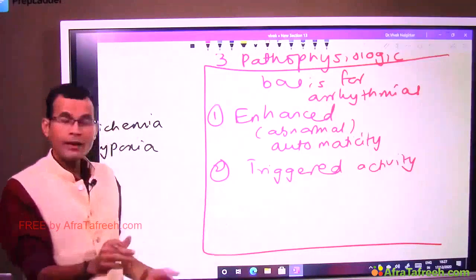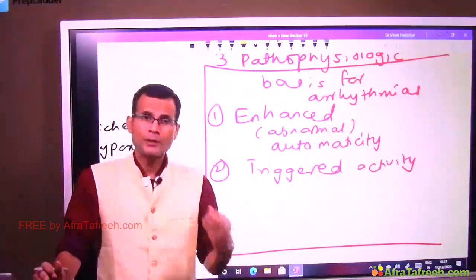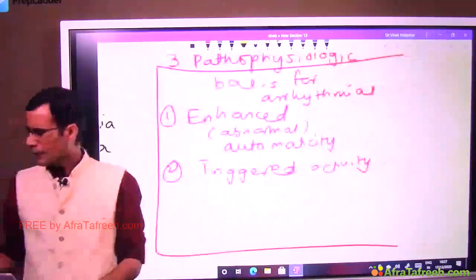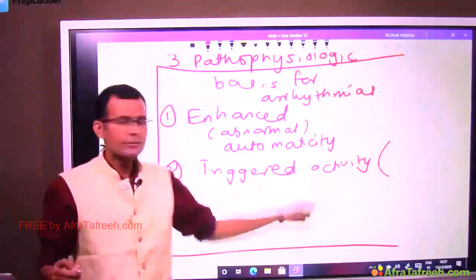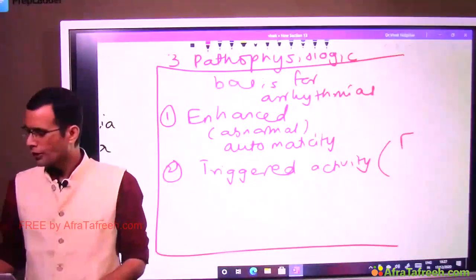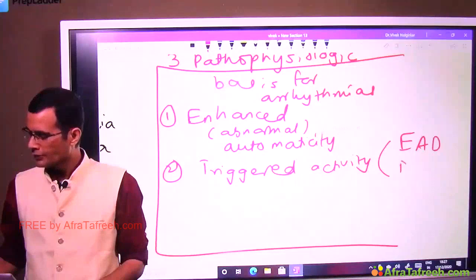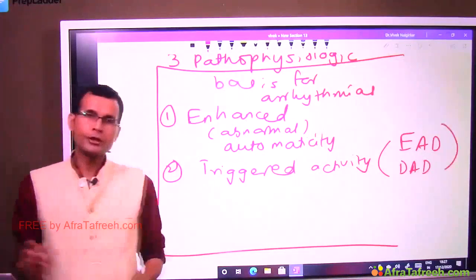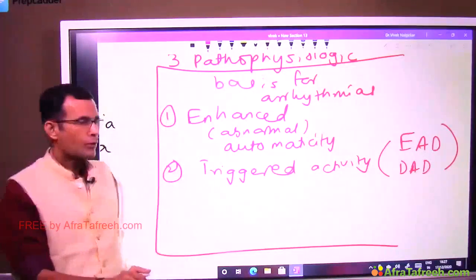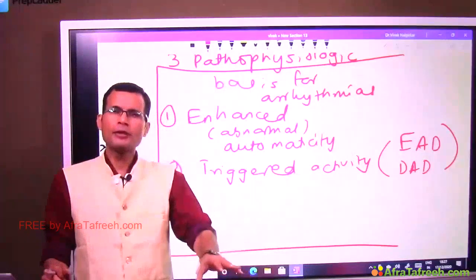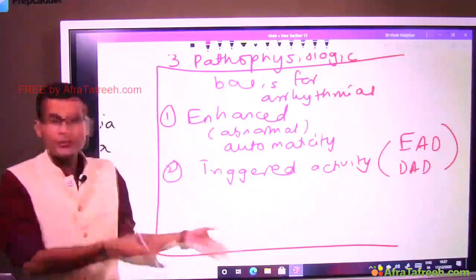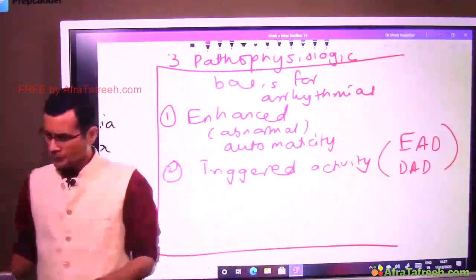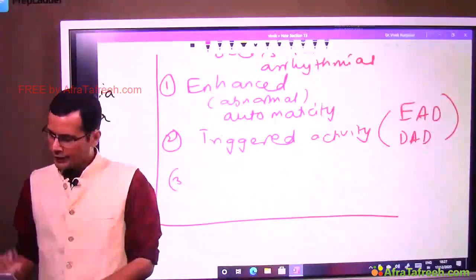Yes, that can happen, and that will also lead to arrhythmias. We will see this later in the form of early afterdepolarizations and delayed afterdepolarizations. So abnormal activity got triggered in the presence of the pacemaker. So, multiple excitations and arrhythmias.